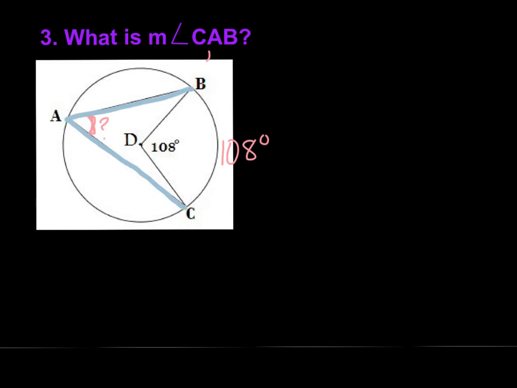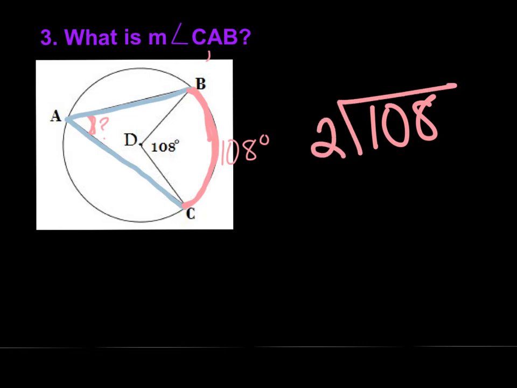Okay, and we know the relationship between our inscribed angle and our intercepted arc. What is it? You guys know it. The inscribed angle is half the measure of the intercepted arc. So we're going to take half of 108.